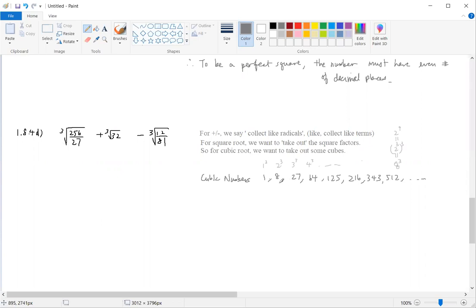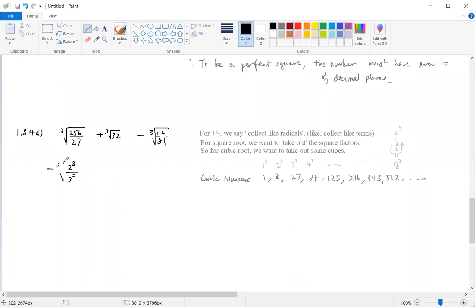256 is 2 to the 8, right? So we can see how many we can take out. I write that this is 2 to the 8 first because I recognize this. Then this is a 3 cube. Looking like this, you can try divide by 8, divide by 27, you can try that also.